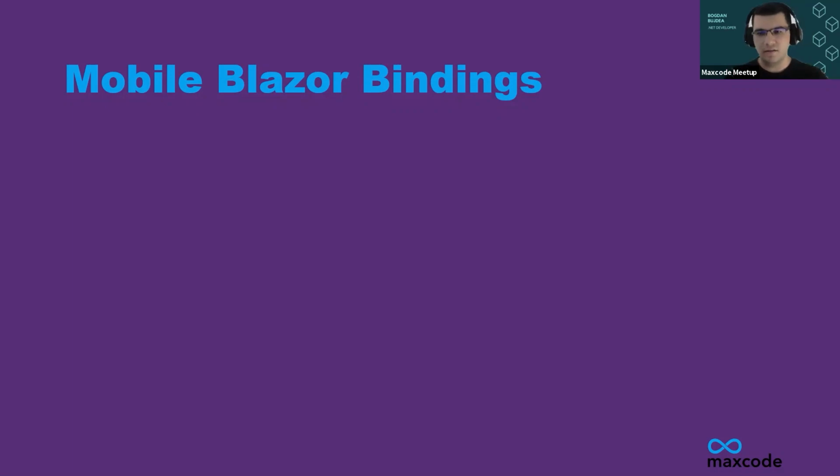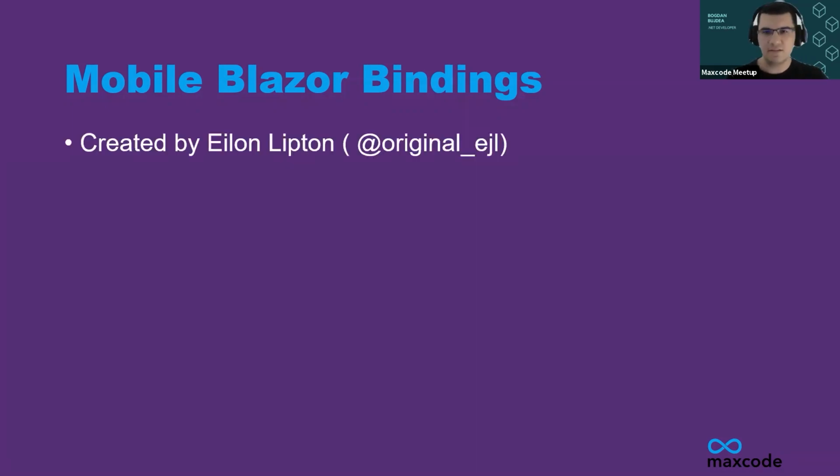Okay, and I know that Eilon and a lot of people might think that this would appeal to web developers, but me with the XAML background, I find it more appealing because it's the structure I know from Xamarin Forms, and it's really easy to use it with Blazor.